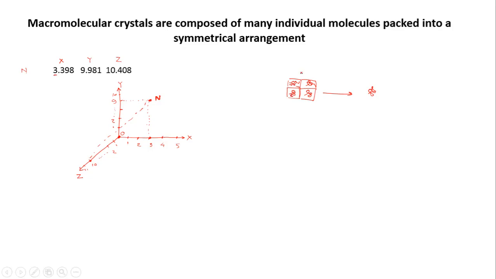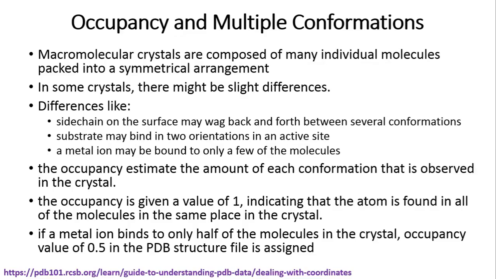So the substrate or the inhibitor can be differentially oriented in each protein molecule in your crystal. It can also happen that metal ions may be bound to only a few of the molecules.